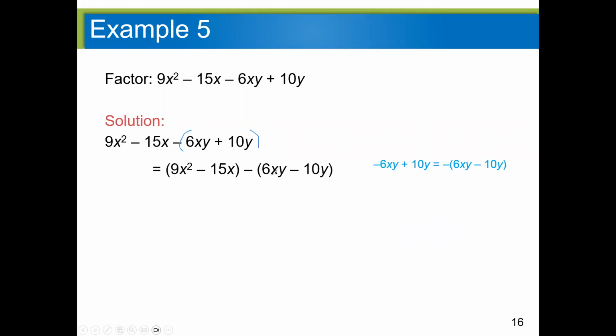This negative goes out in front, and this plus turns into a negative because I subtracted the negative out and put it right here. Essentially, we have less to worry about as we play.